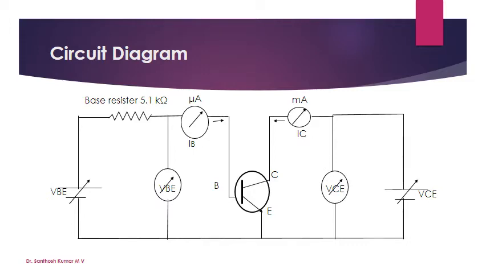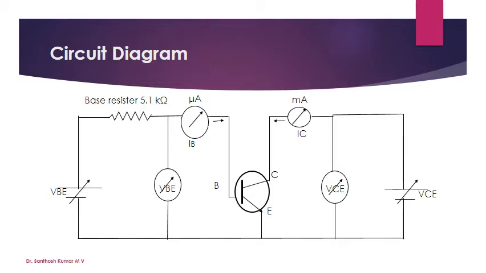This is a simple circuit. You can see this circuit contains two power supplies, that is VCE and VBE. VCE is connected in the output region, VBE is connected in the input region, and the circuit also contains two ammeters, one microammeter and another milliammeter. The microammeter measures the base current, which is called the input current, and the milliammeter measures the collector current, which is called the output current.